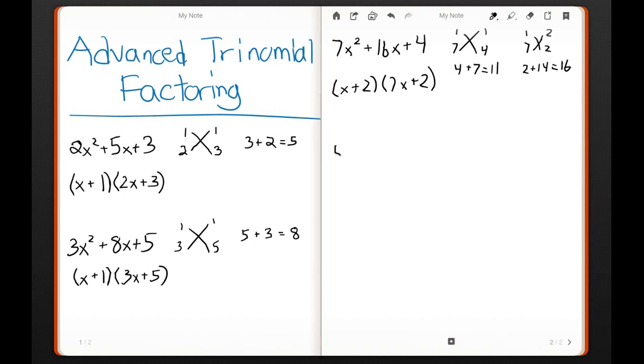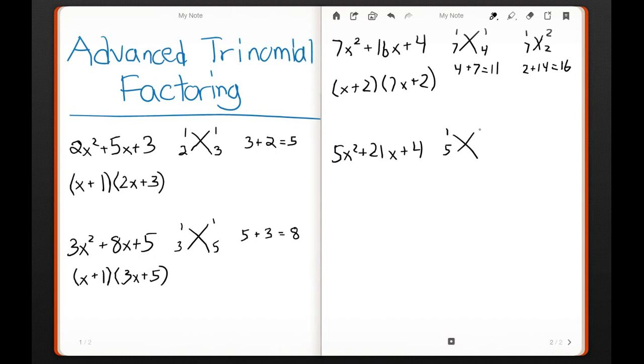All right, let's do another one like that. Factors of 5 are 1 and 5. Factors of 4 again can be 1 and 4 or 2 and 2.